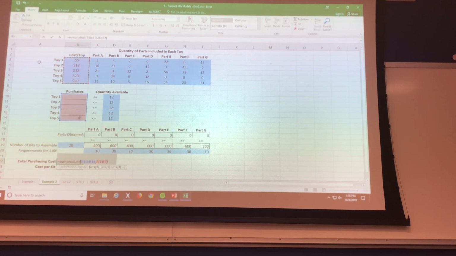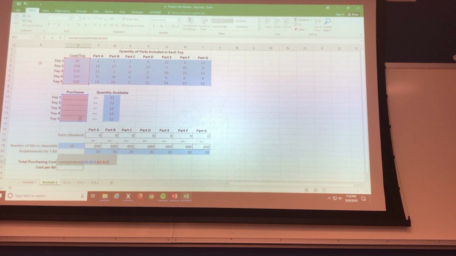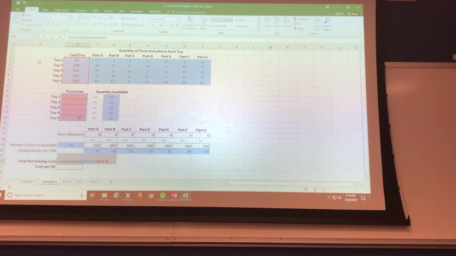This isn't going to be copied anywhere, so you don't have anything to worry about on relative and absolute addressing. But that's it. Again, if it told you to buy one of each of these, you'd be adding up 5, 18, 32, 23. Okay, so that's your total purchasing. And cost per kit, well, cost per kit's really easy.